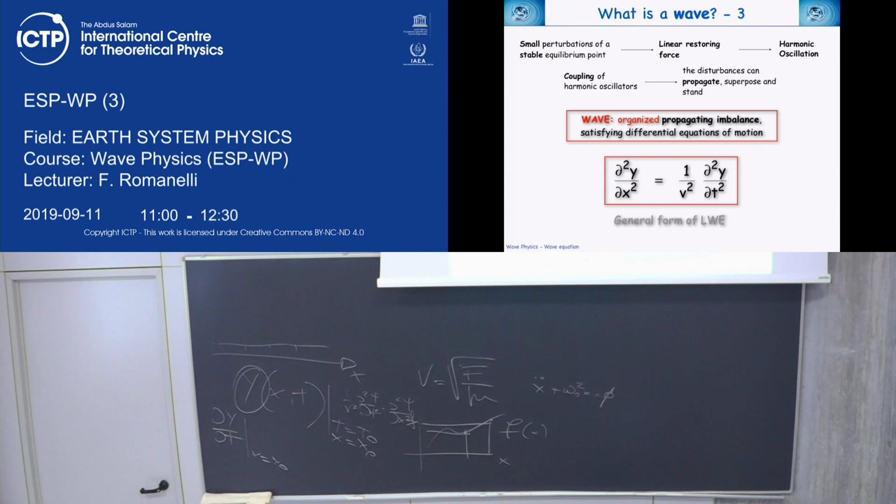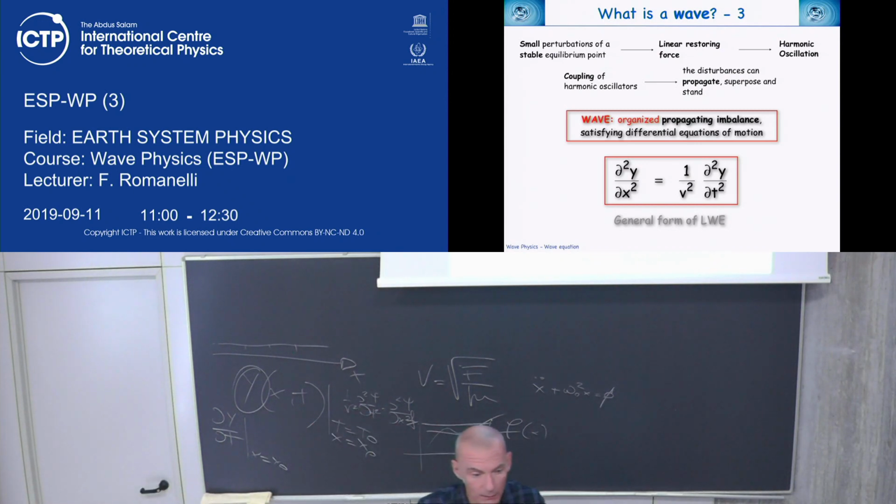So a perturbation of coupled oscillators that have an equilibrium position and are gently perturbed. Of course, you can break the guitar and that's the end of the story. That's not a wave. They have to obey this ordered law that we're going to call the wave equation.